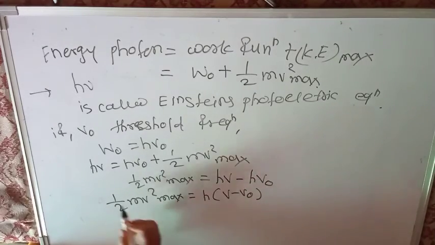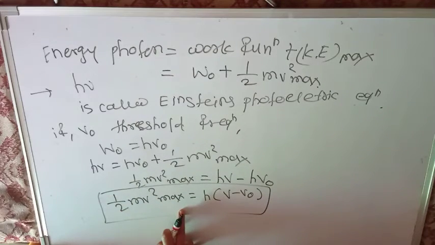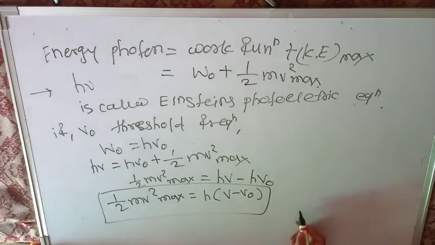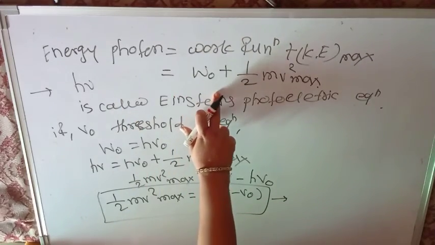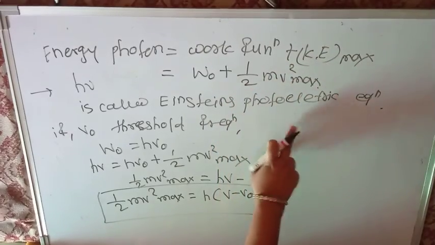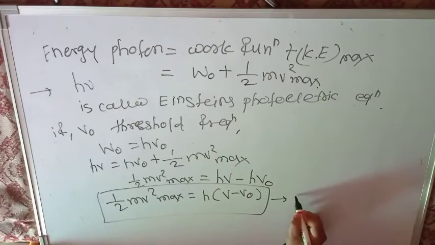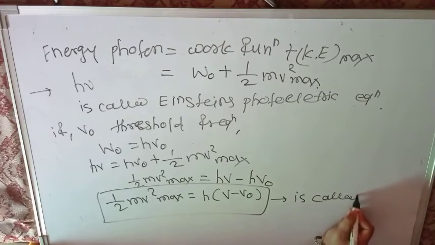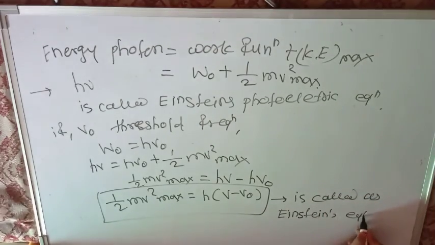Okay, now this equation is known as another form of Einstein's equation. Now hν equal to W0 plus half mv square max is Einstein's photoelectric equation, and this is another form of Einstein's equation.